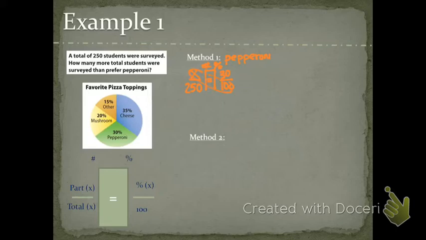Okay, so we're going to cross multiply. We get 100x equals 250 times 30, we get 7,500. Divide both sides by 100. Okay, so x we get is 75.